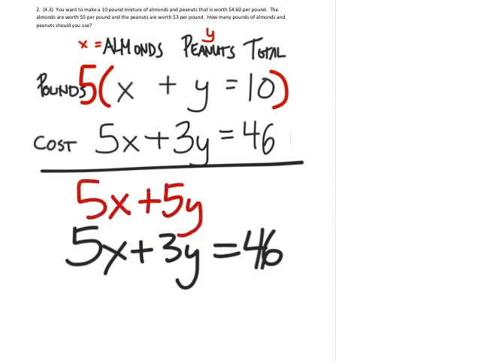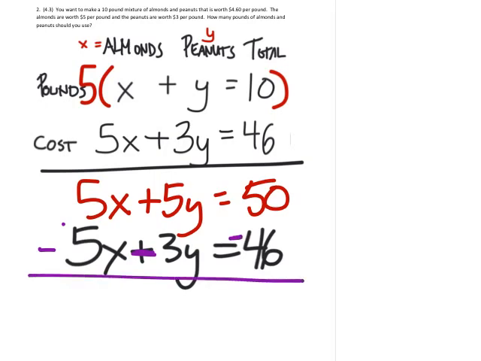So we have 5x plus 5y equals 50 now. And all I need to do now is subtract this bottom equation, which means we're going to have to subtract everything here. If those were negatives, we would end up adding those, and then we can see the x's have eliminated. So 5y minus the 3y would give us 2y, and this will equal 50 minus 46, which is 4.